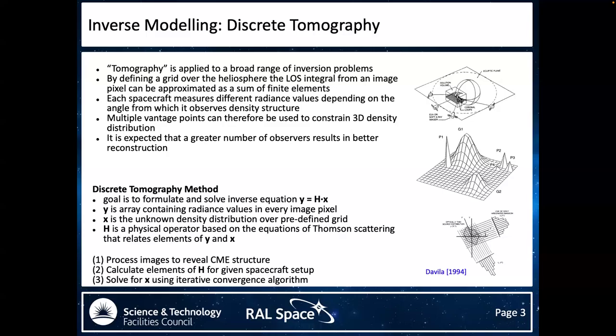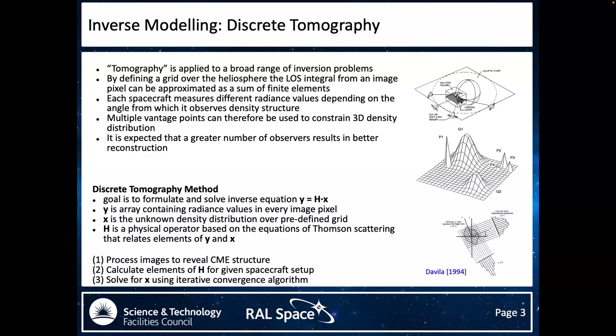So if you take a coronagraph image or a sequence of images from different spacecraft, then you can do that for every image pixel, and you can build up an inverse equation. So we can build up an inverse equation that approximates the line of sight integral in every image pixel as a function of the unknown density over the grid.